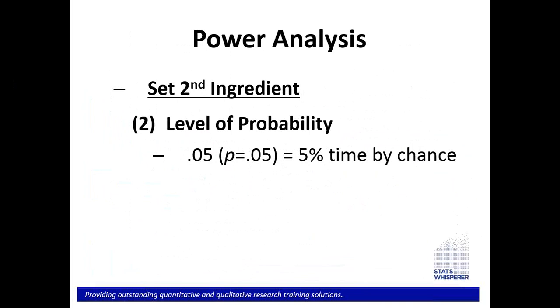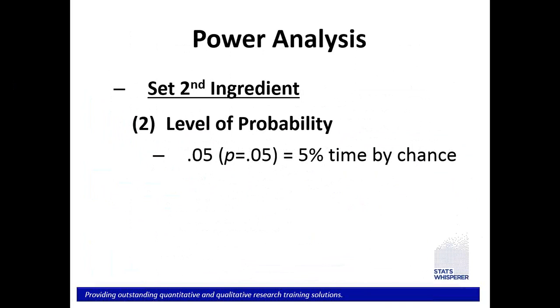Then we have our second ingredient, which is level of probability. Now this may sound familiar because we also have our p-value when we looked at our inferential tests, when we discussed statistical significance. And this actually is quite similar to that, right?